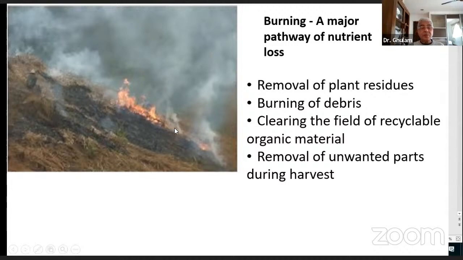The gas can be from nitrogen or from other nutrients. And so that is another way that nutrients are lost. This is a pathway of loss. So burning is another way of getting rid of the plant discards, the part of the plant that you don't harvest, the unwanted parts.